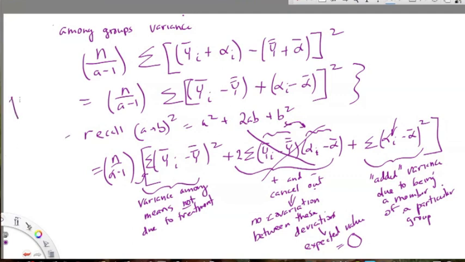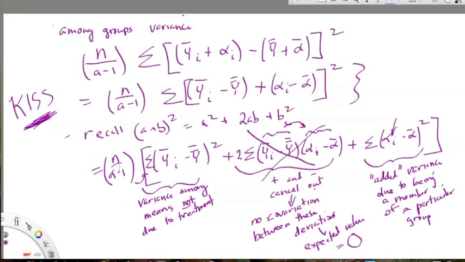I recommend a KISS data set for this. Keep it very simple and show to your own satisfaction that the added variation due to being a member of a particular group that you have put into that data set shows up in the numerator but does not show up in the denominator. And then I think once you do that, you'll be really satisfied that you have a deep understanding of analysis of variance.